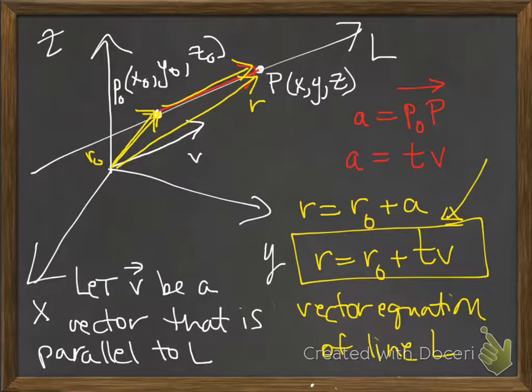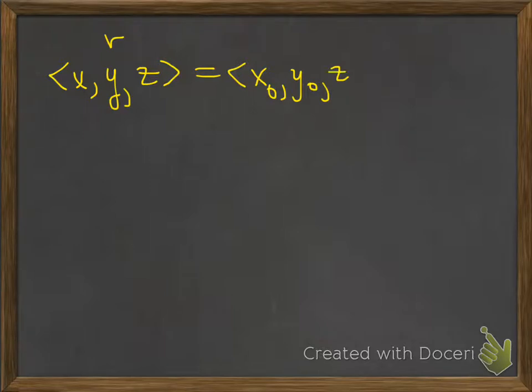Now, I'm going to go to a new board here, and we're going to talk about writing this in parametric form. So remember that my vector r can be defined by its coordinates, its position vector. So x, y, z is another way to write my vector r, equals x naught, y naught, z naught, because that's my vector r naught, plus t times my vector v, okay, which we can say is a, b, c.